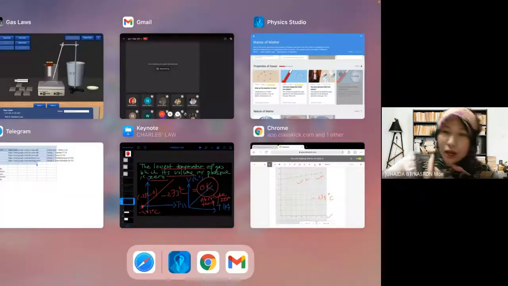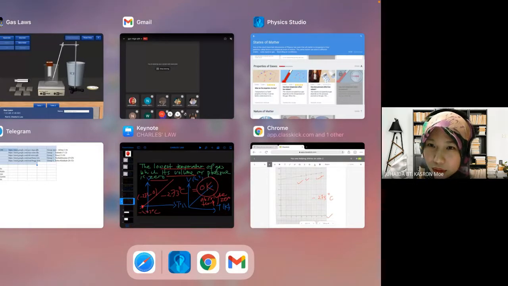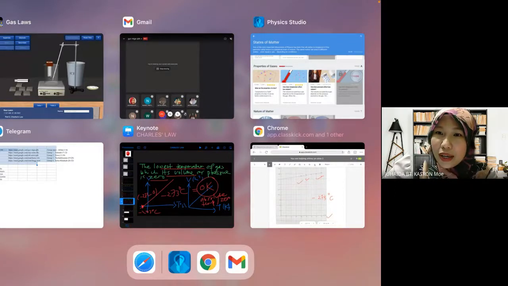I will give you the link for the breakout room. Those who are in the main room, you don't have to move anywhere. You stick in this room.